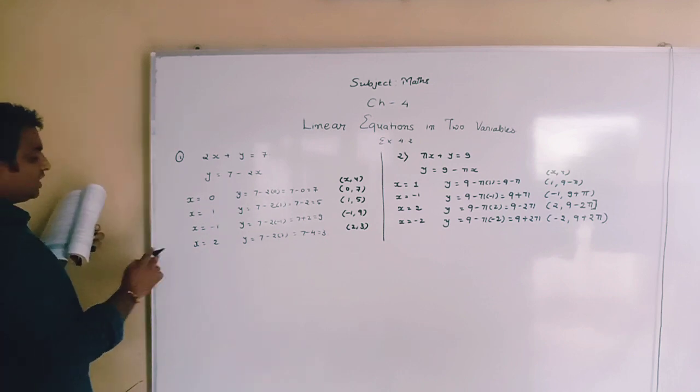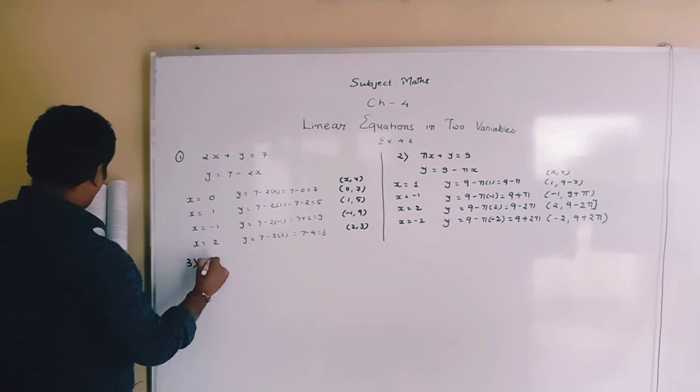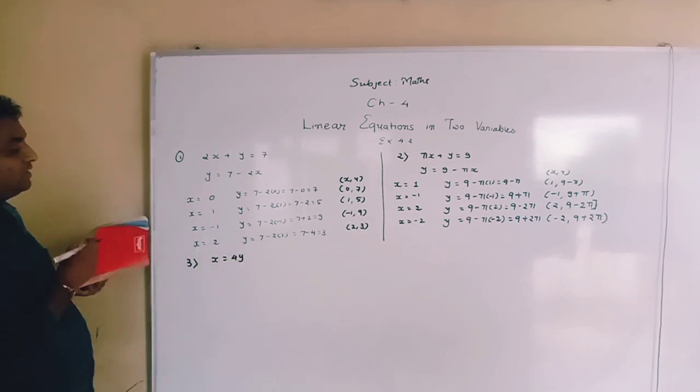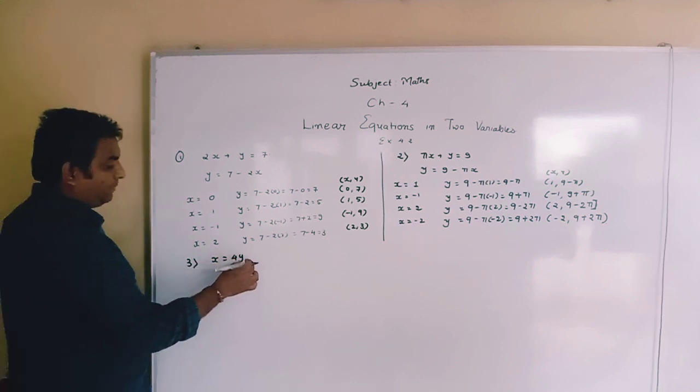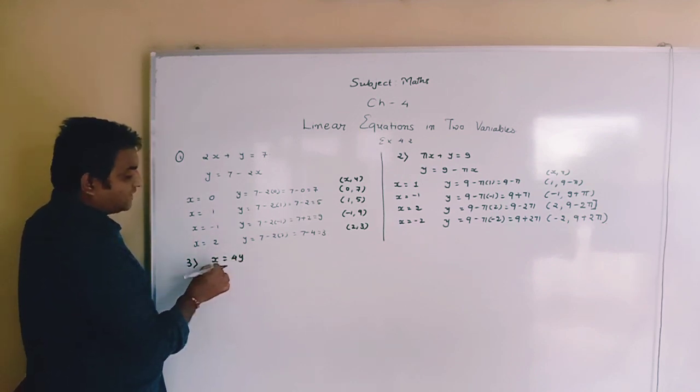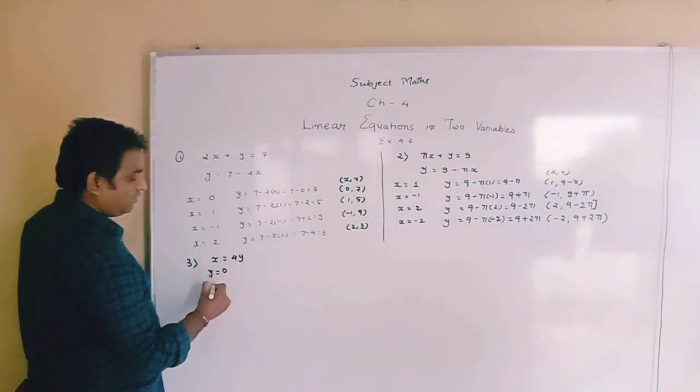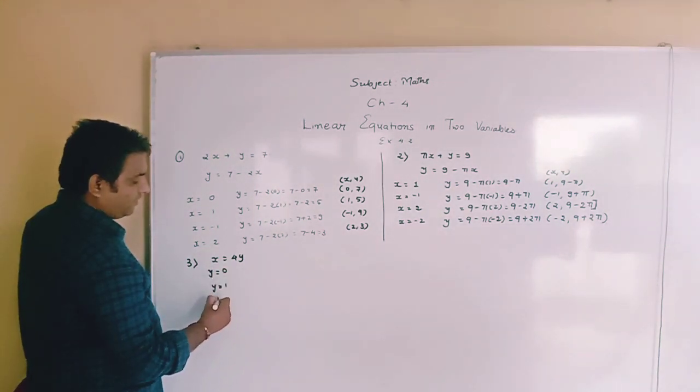The third equation we have is x equals 4y. So here y is independent, so x depends on y, so we take y values of our choice: 0, 1, 2 and 3.